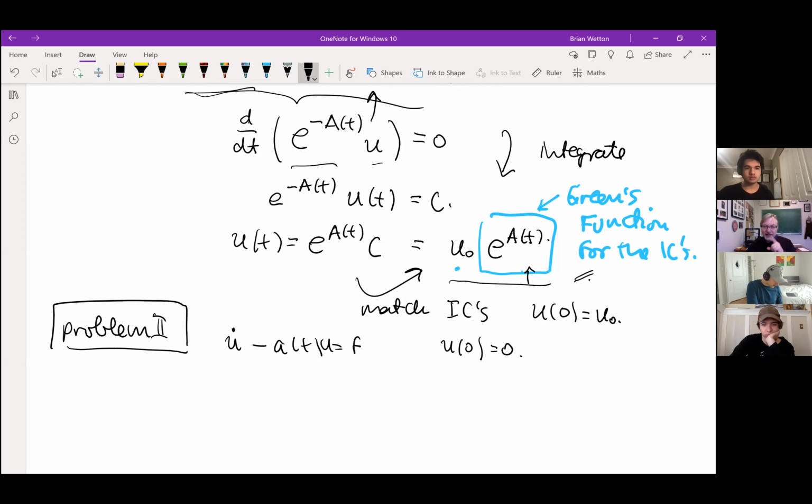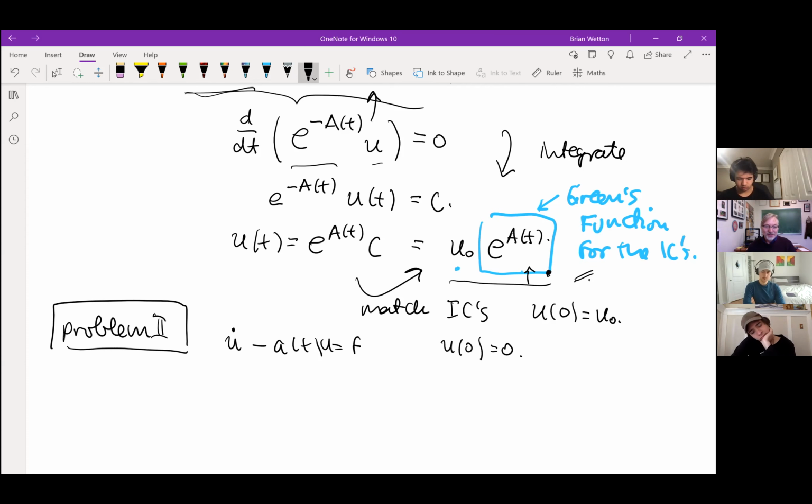There's only one data point. It's just whatever the scalar U0 is. And you want to know the map of that to what the solution value is at any time. Well, this is exactly that, right? You take the initial data, you multiply by that function. So this is really the map from the initial data to the values of the solution.